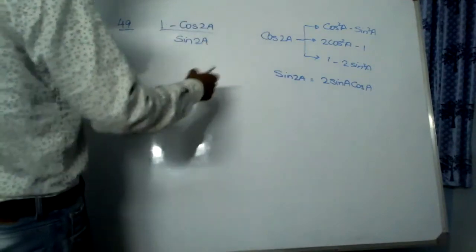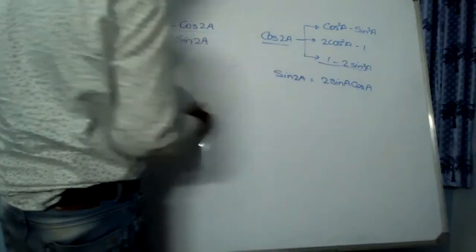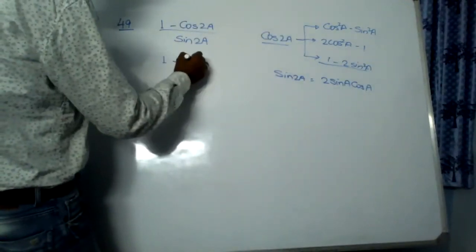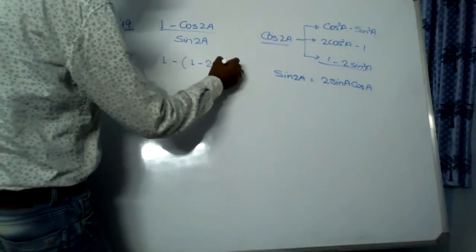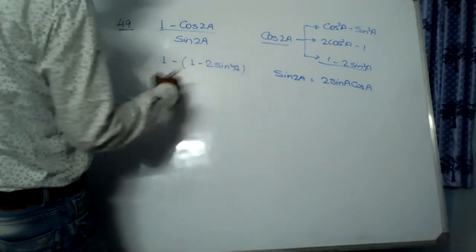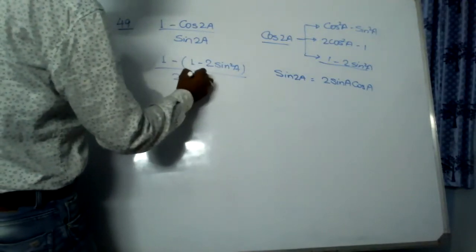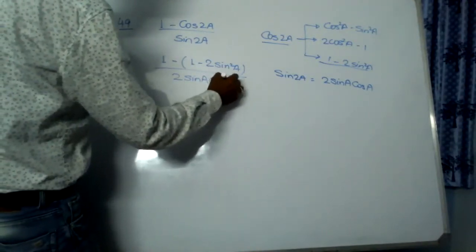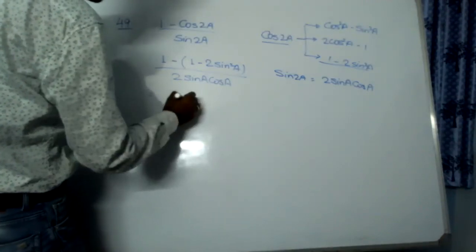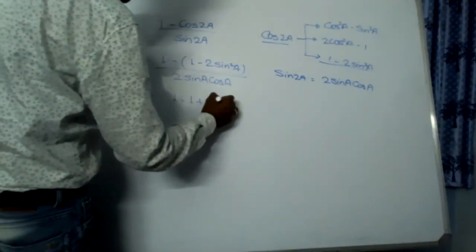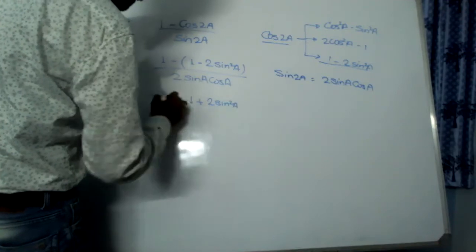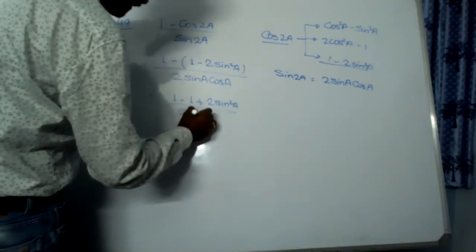So for cos 2a, I'm going to substitute the third formula. So here I'll write 1 minus (1 minus 2 sine square a). I've taken the third formula because 1 minus 1 will get cancelled. And down I can write 2 sine a cos a. So if you remove the bracket, what you'll get is 1 minus 1 plus 2 sine square a. Denominator will be as it is, 2 sine a cos a.